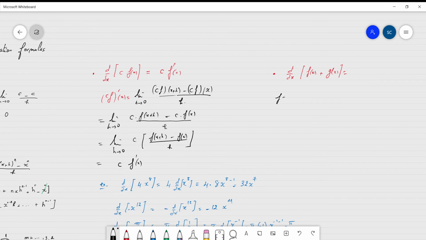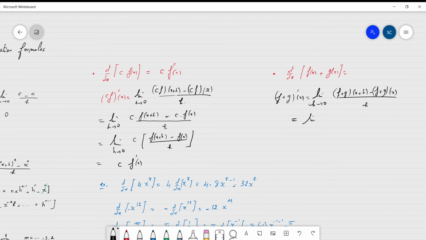So we are looking for (f plus g)' at x. By definition, it's the limit of (f plus g), the new function, at x plus h minus (f plus g) at x, over h as h approaches 0. The idea is to use the information on f and g, the derivatives of f and g.